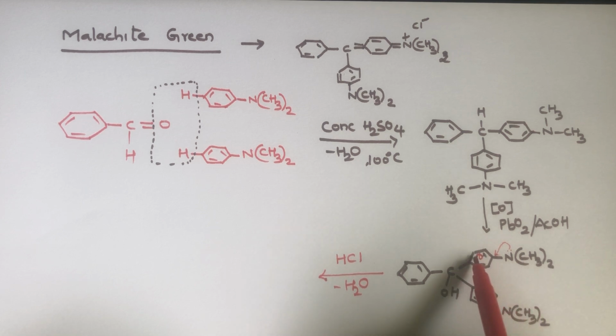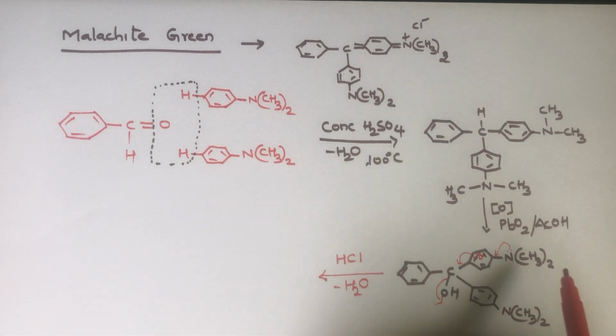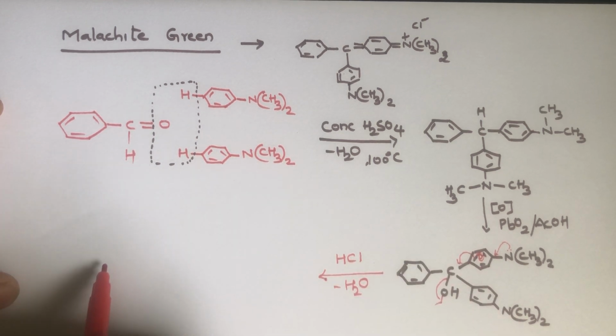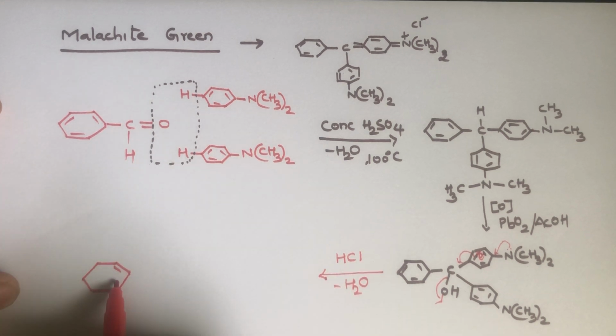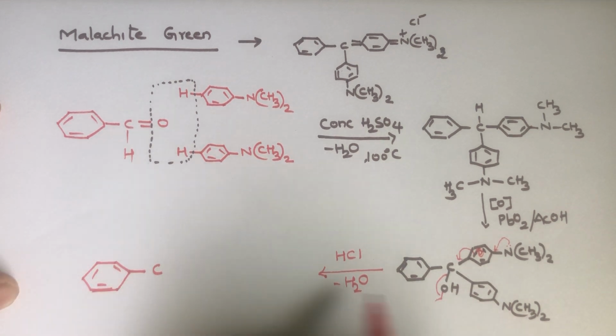Then this double bond will shift here and this will go off. This is the product that you are going to get. This is going to remain as it is. Now only this part will remain.